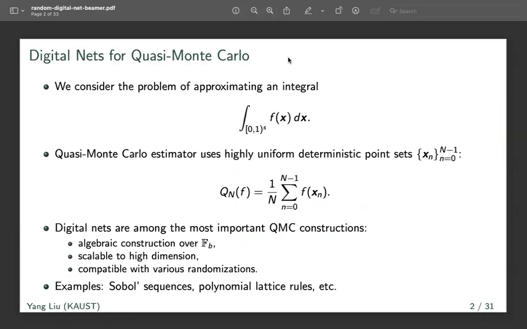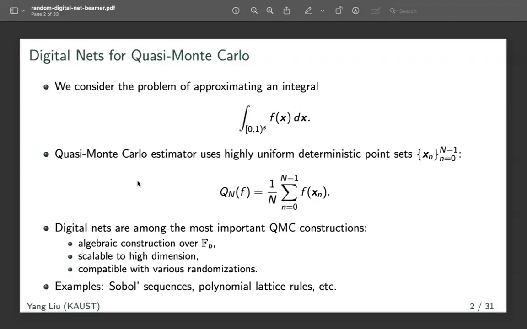And here, first, I want to give a brief introduction to the digital net and Quasi-Monte Carlo as well. We use Quasi-Monte Carlo to approximate the integral over the unit hypercube.